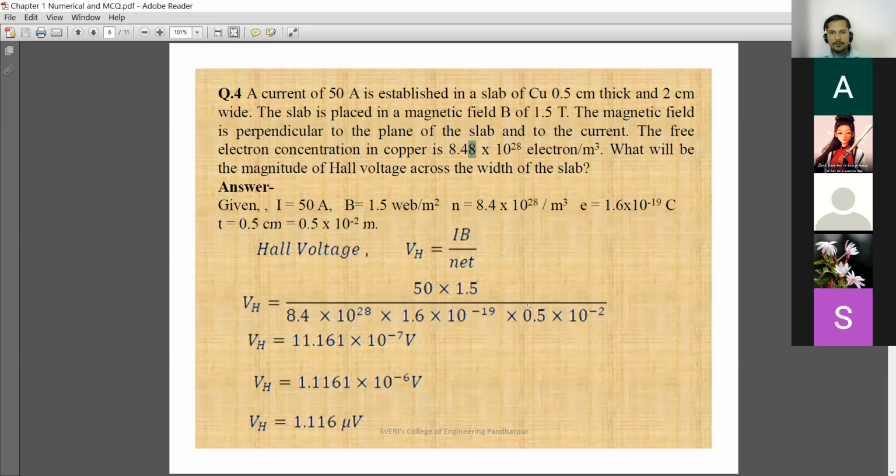Charge value we know, and what is remaining is thickness, which is half centimeter, that is 0.5 into 10 to the minus 2 meter. So the same equation, VH is equal to BI upon net. Put the values and calculate and check whether you are getting this answer.